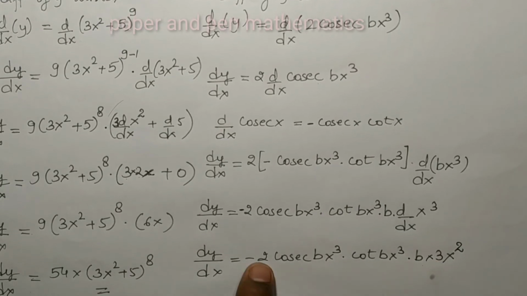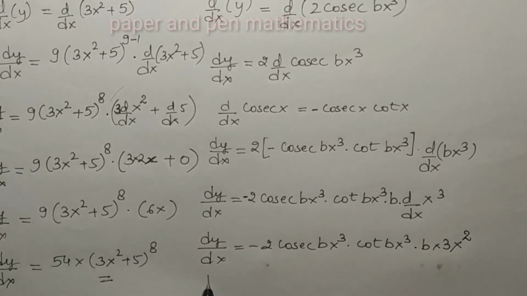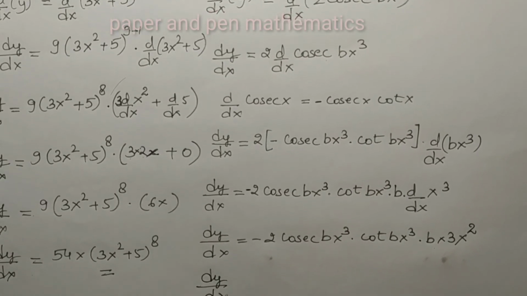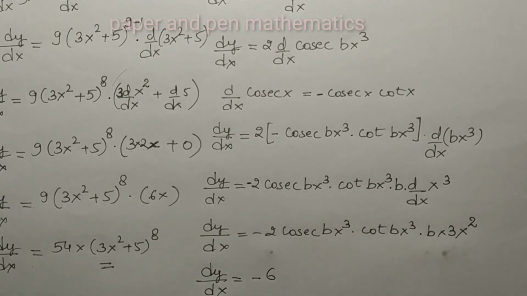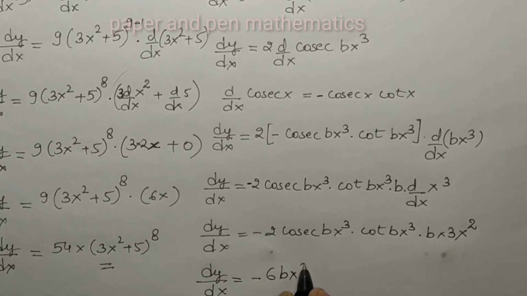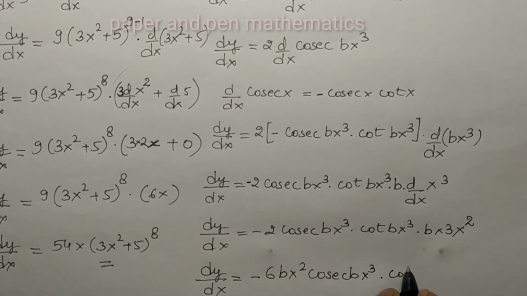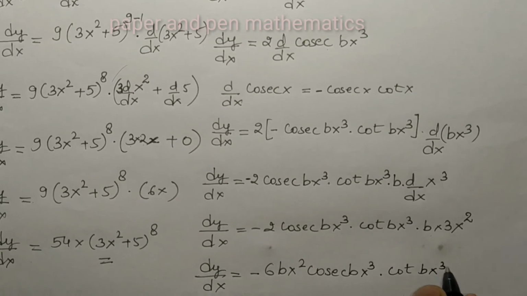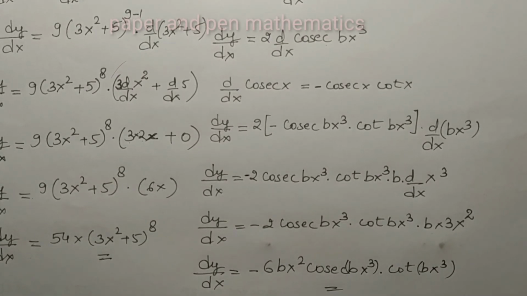Now let's multiply, 3 2s are 6 b x square. So we are moving towards our answer, minus 3 2s are 6 b x square cosec bx cube dot cot bx cube. So this is your answer.